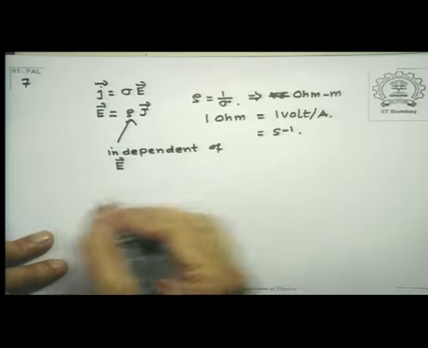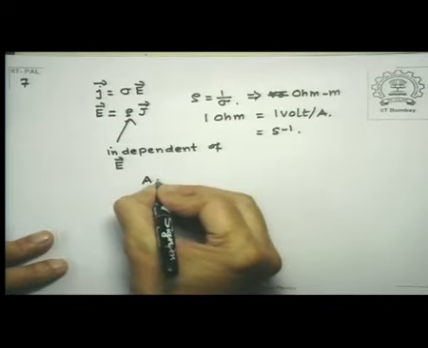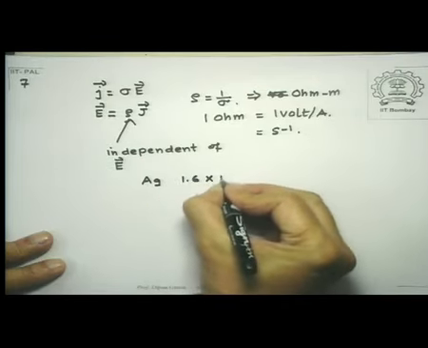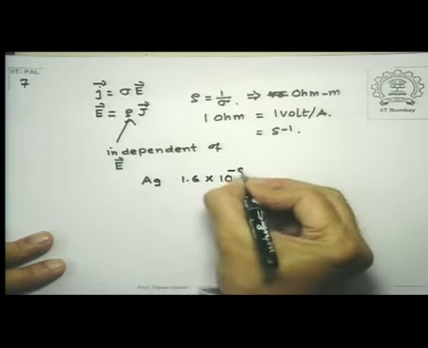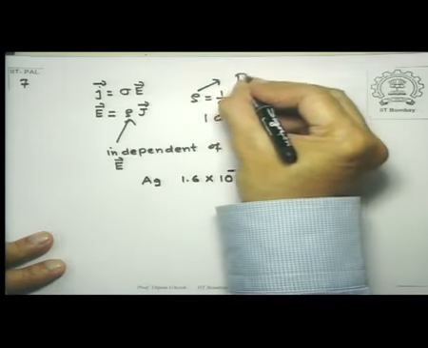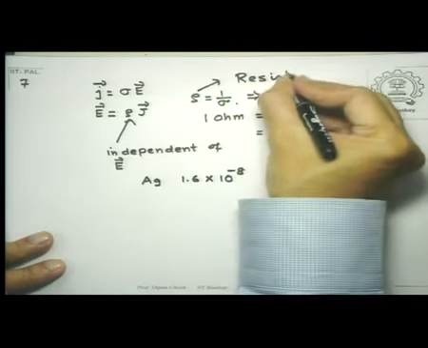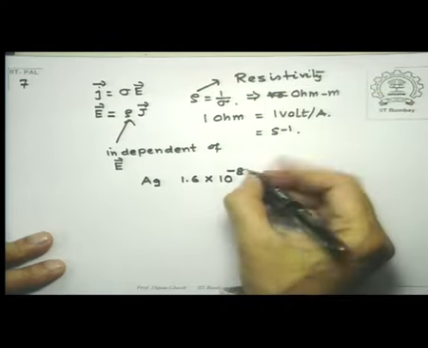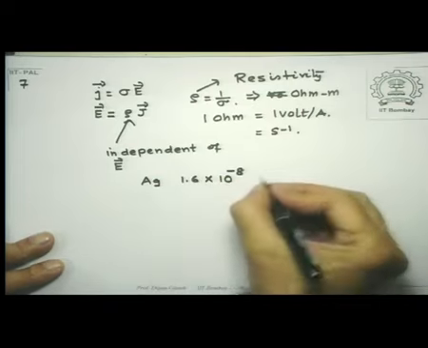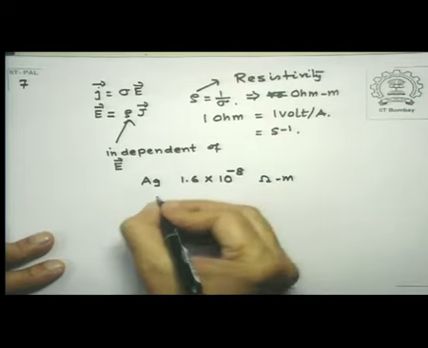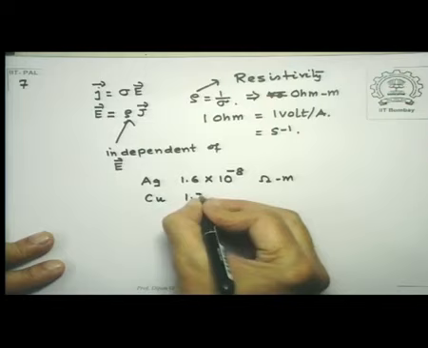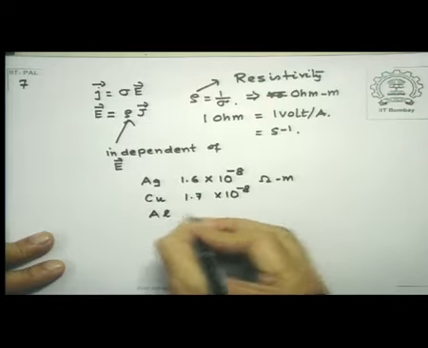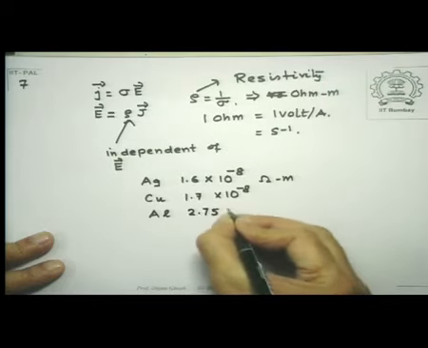So, typical good conductors are, for instance, silver, which has a resistivity of 1.7 times 10 to the power minus 8. The name of rho is resistivity. So, this is an ohm meter unit. Copper 1.7 times 10 to the minus 8, aluminum 2.75 times 10 to the minus 8, etcetera.